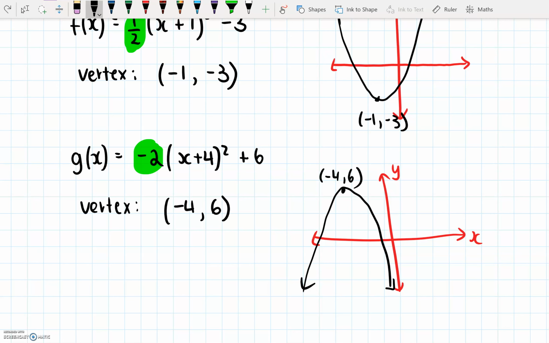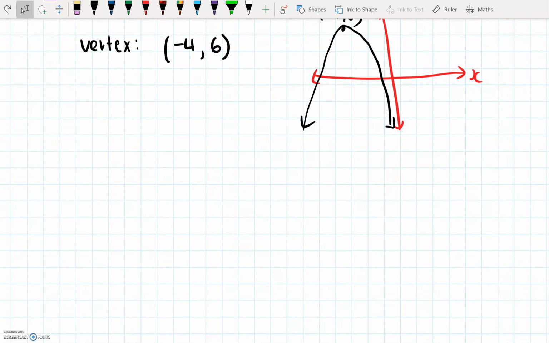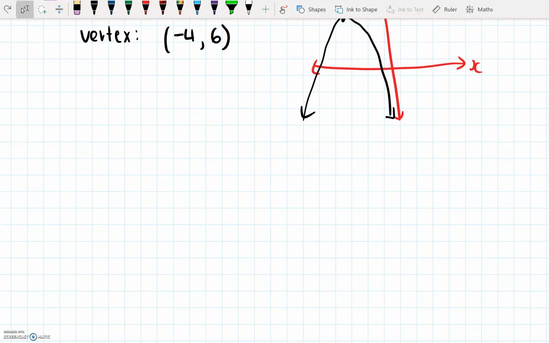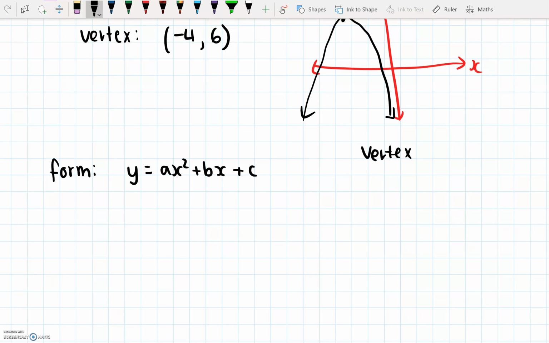Okay, and that's that. So just as a bit of a summary, if our parabola is in the form y = ax^2 + bx + c, then the vertex will be x = -b/2a, and the y of the vertex will be f of the x vertex.